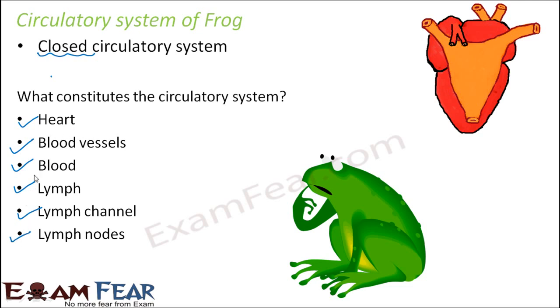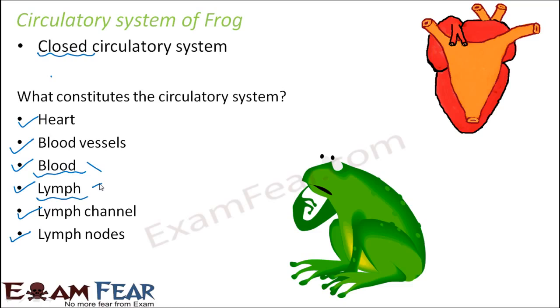Now you might be wondering, we have blood, we have lymph. We have both of them as two separate things. Now in animals with open circulatory system, for example the cockroach or any other arthropod, blood and lymph are mixed together, and that is why we call it hemolymph, because blood is not confined in vessels. So blood is present in the entire body cavity. Lymph is also present in the entire body cavity.